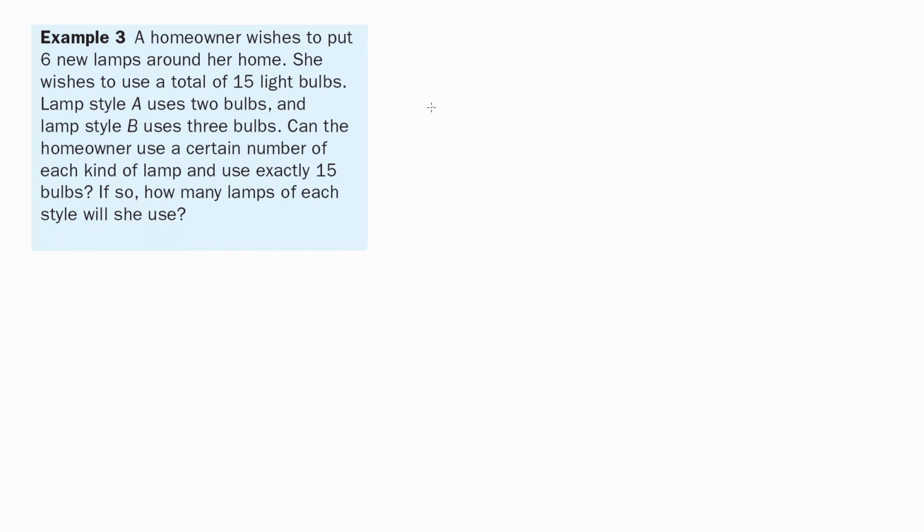So we have 15 bulbs. So 15 equals 2 times the number of A lamps plus 3 times the number of B lamps.